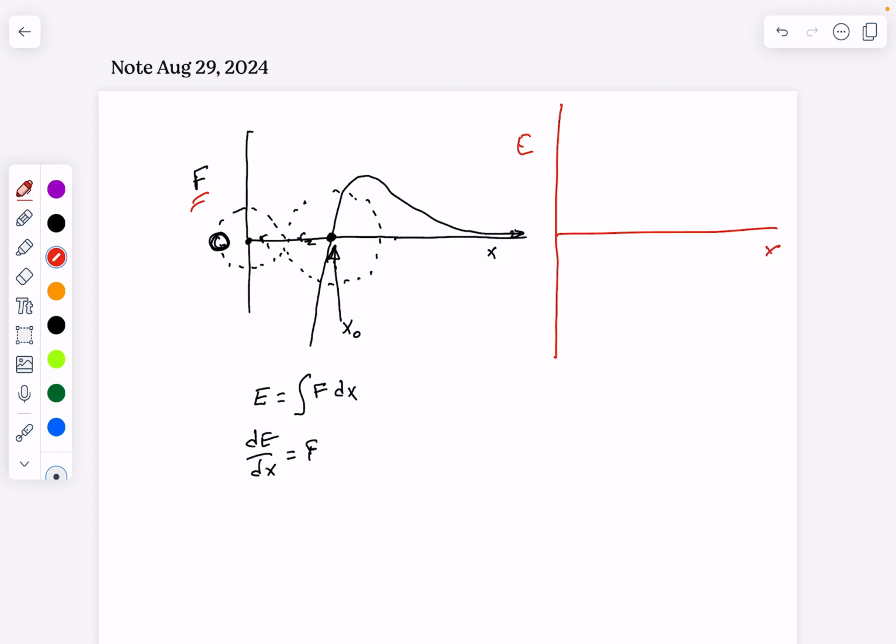At this position of x0, we would expect there to be an energy minimum, because the slope would be 0 at an energy minimum. This slope, dE/dx, would be equal to 0.